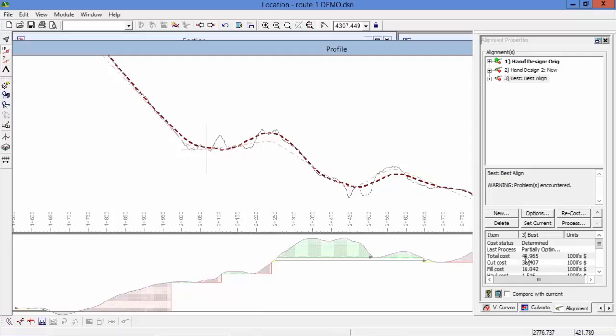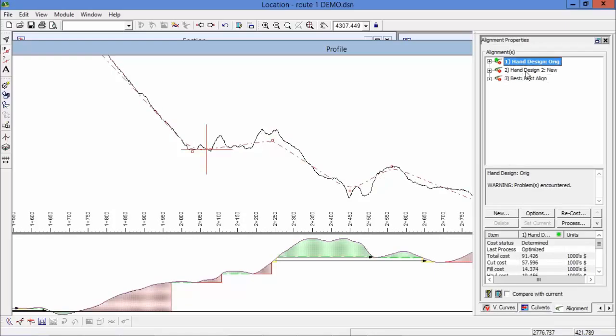You can see here the cost is like $58,000, whereas the original design, as you can remember, was, I changed it in the process, but it was actually more like 70,000.